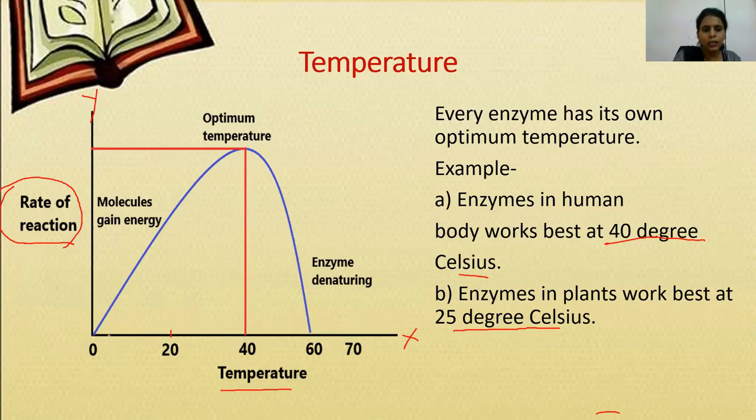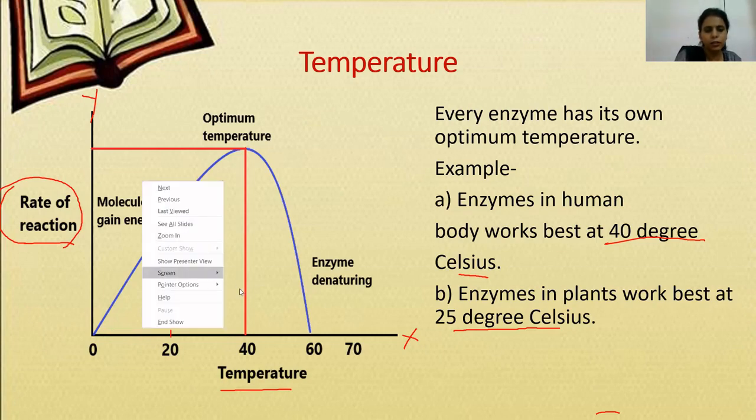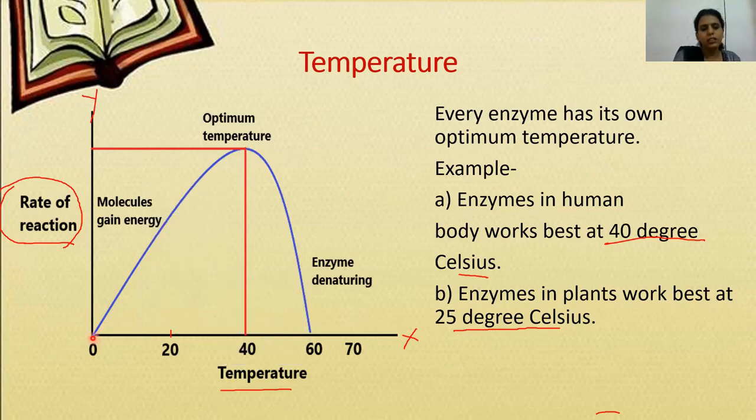Now, as the temperature slowly increases, just look at this laser pointer. Initially, both the rate of reaction and the temperature are 0. As the temperature increases, slowly the rate of reaction also increases. Why is this graph going upward?